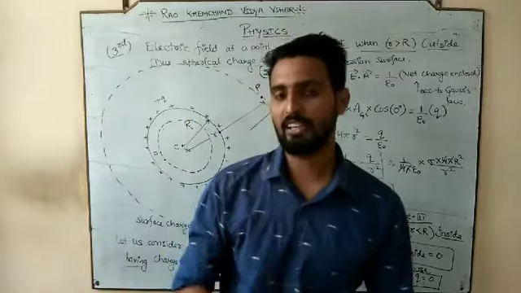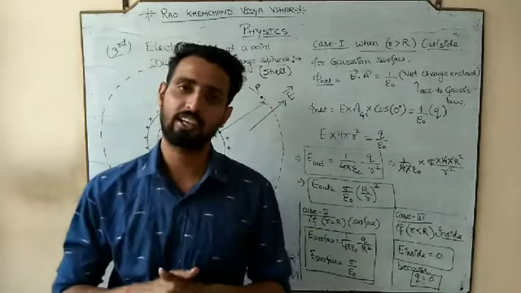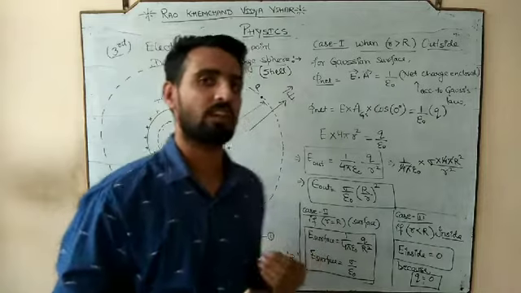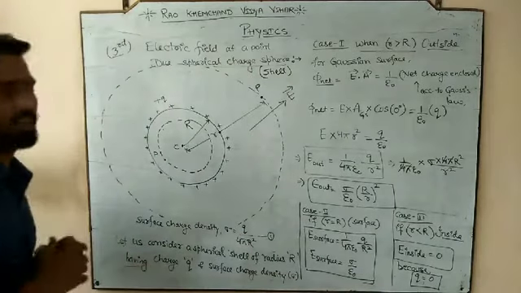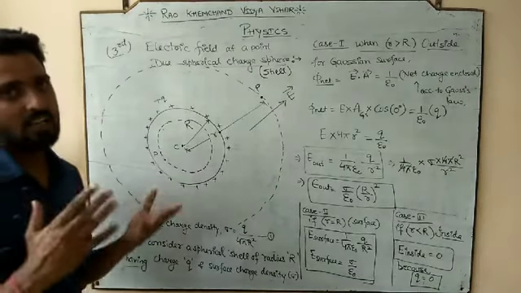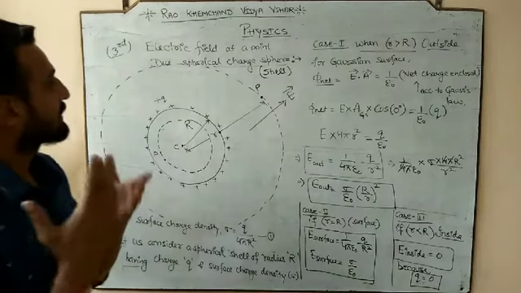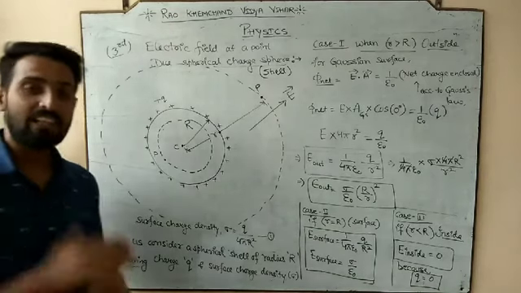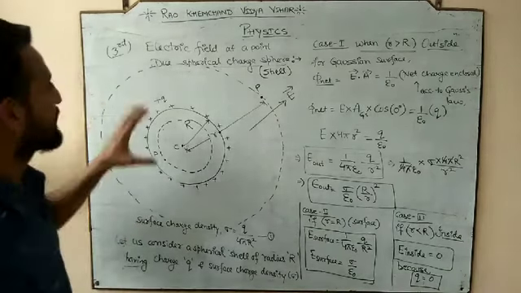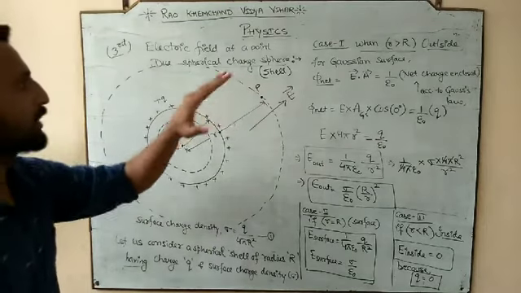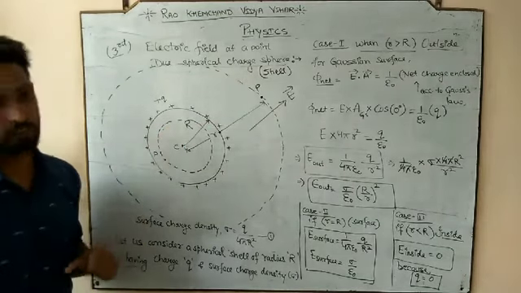This point gives us a very important thing that we will note down just after this derivation. So here we have the final derivation for the electric field due to the spherical charge shell.